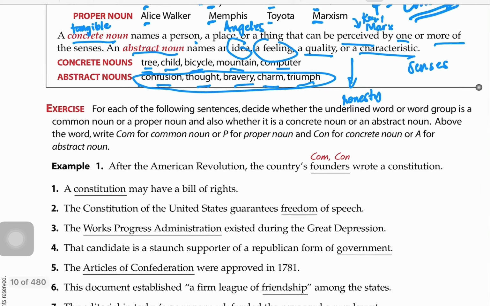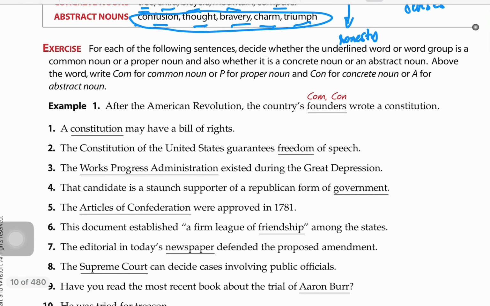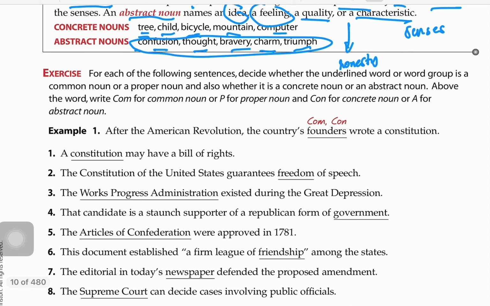So let's have a few items for the exercise. We would have to underline the word or word group, and then identify the type of noun that particular underlined word is. Example: after the American Revolution, the country's founders wrote a constitution.